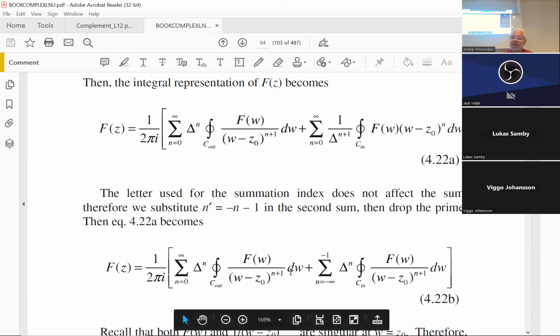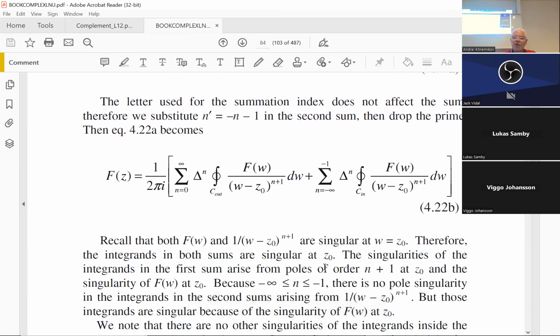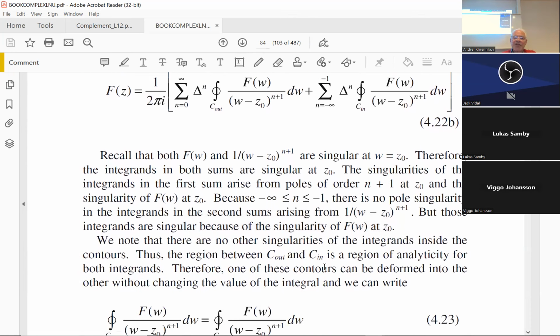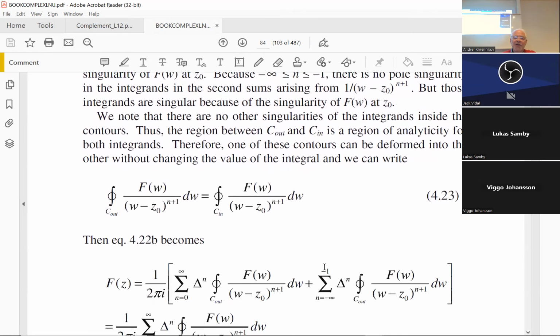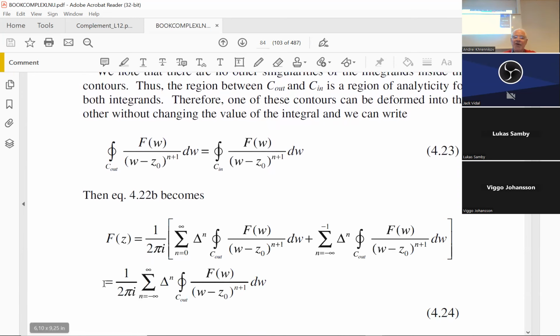This is the usual Taylor series. But there is something additional, which was not before, because of the pole. So we get this, and finally we write this as one series.